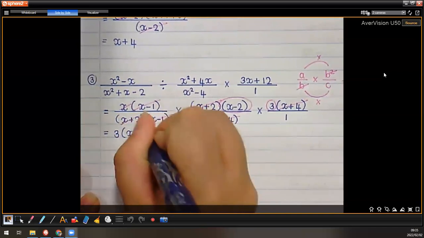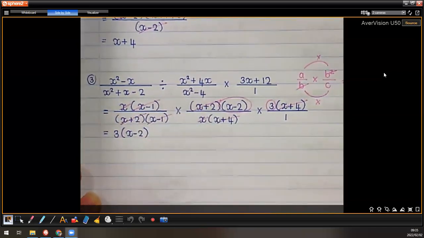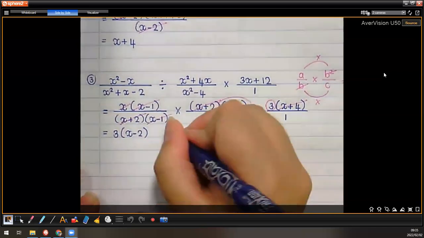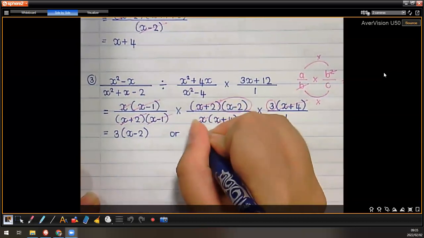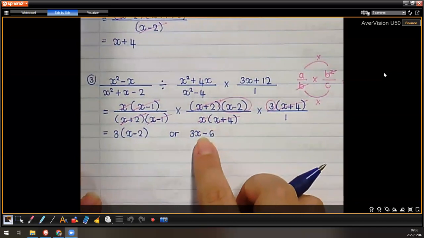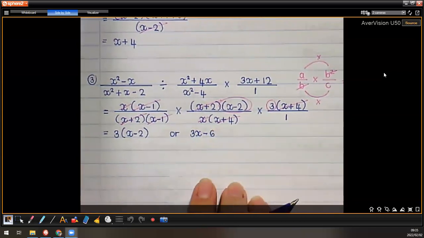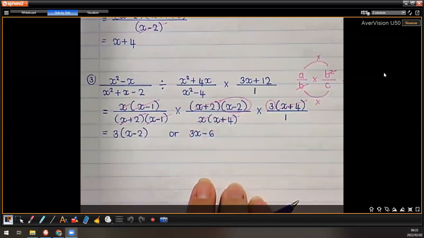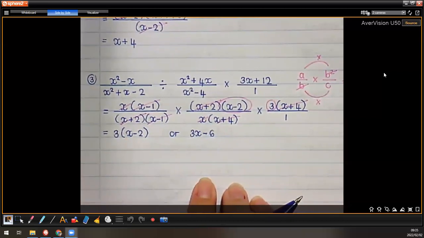Now guys, here it is completely up to you whether you want to multiply that 3 into the bracket. I would say don't do it because it takes time and you might make a mistake if you're rushing, and you're not going to get an extra mark afterwards. Unless they say in the question, leave your answer as separate terms or something like that, but they won't do that. Okay. It's fine to just leave your answer as the 3 and a bracket, just like that.